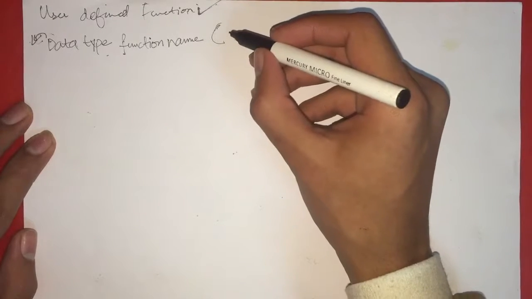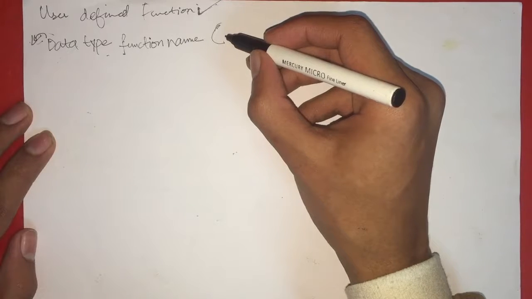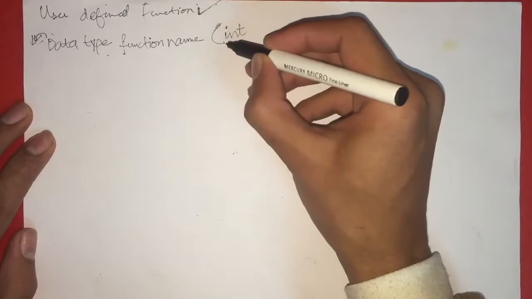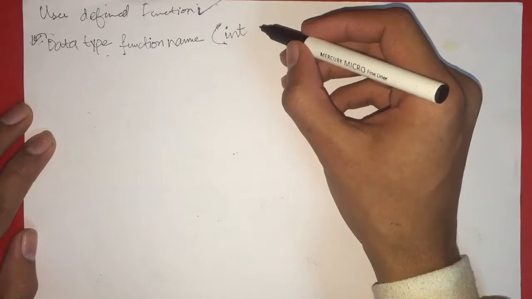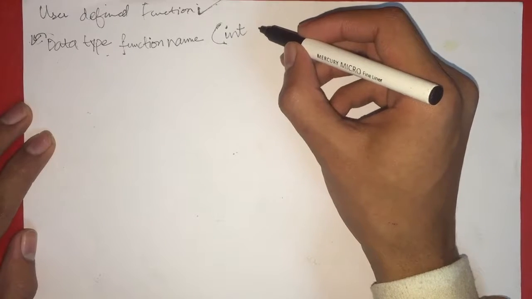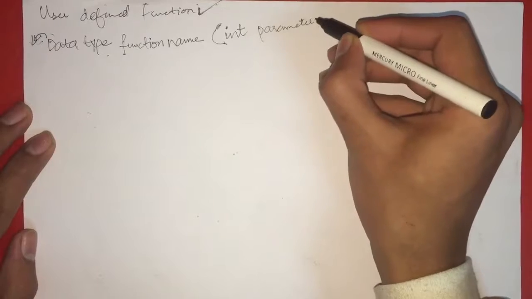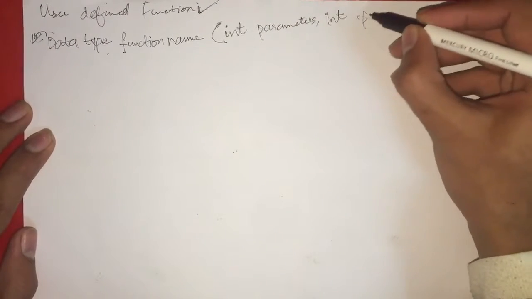Then we have parameters, and before parameters you declare what type of parameters you're going to declare. Here we are going to declare a formal parameter. If there are two, you declare another one.